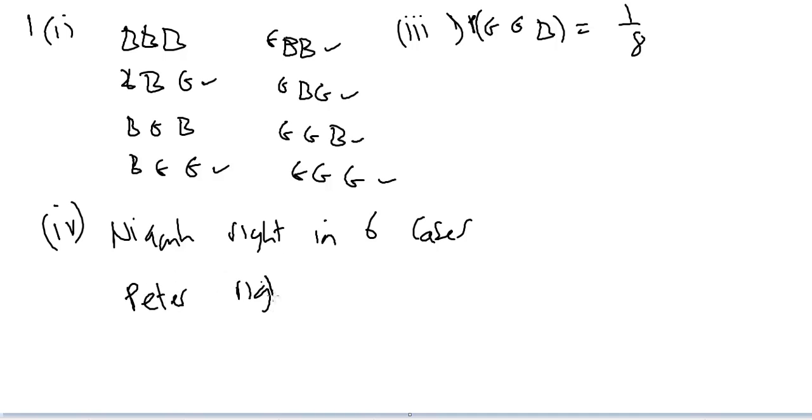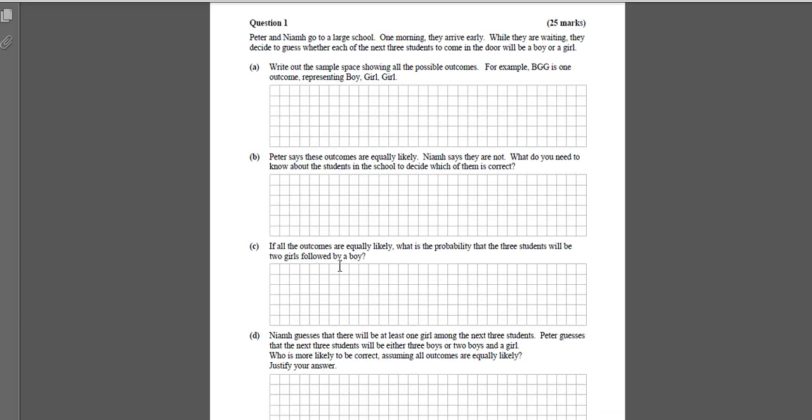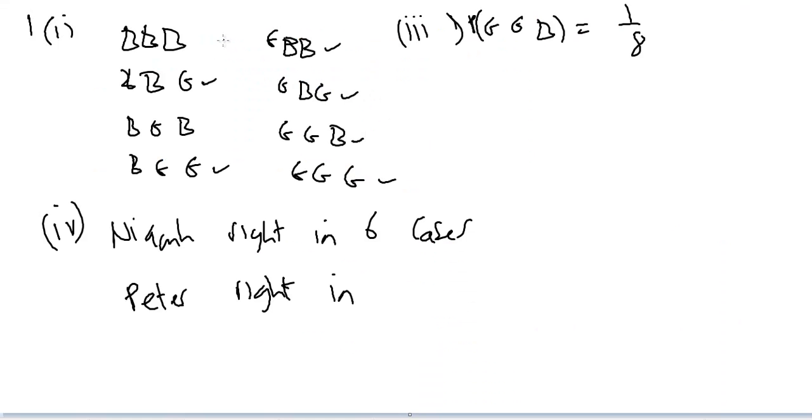Peter right in, well, I'll check, what did Peter say? Peter says the next 3 students will be either 3 boys or 2 boys and a girl. So Peter will be right if you get 2 boys and a girl.